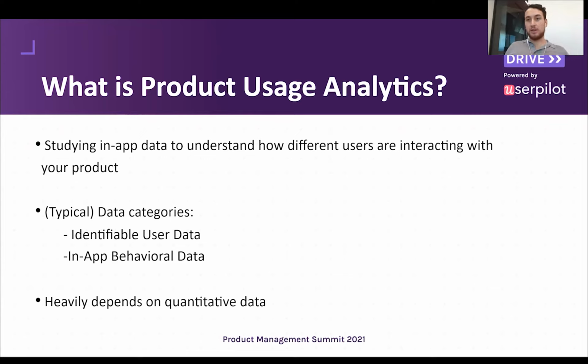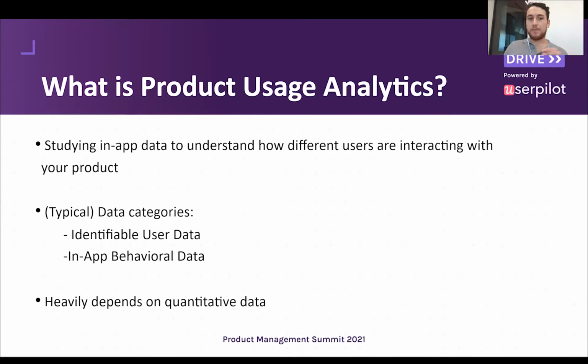And then the second type is behavioral data, like what pages these users are visiting, where they're clicking, what features they're using, what goals they're completing.